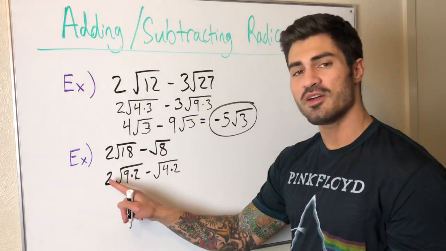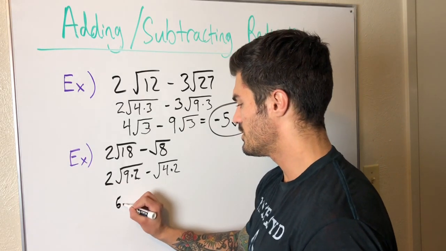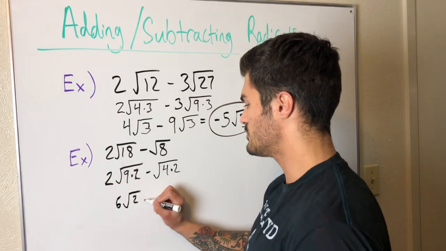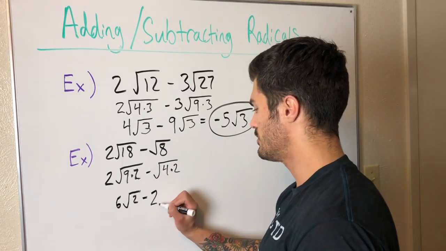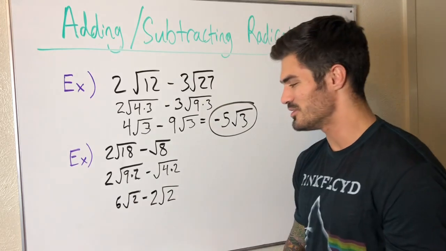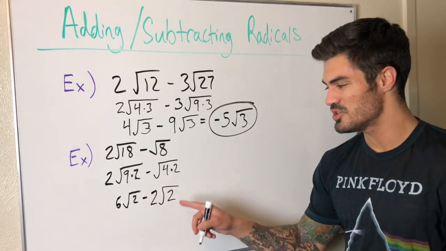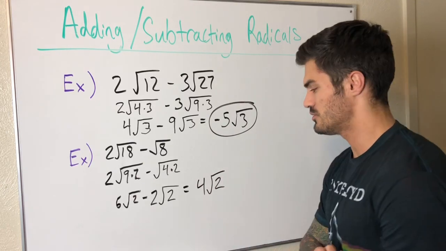So this 9 comes out as a 3, and it joins this 2. 3 times 2 is 6. So that's 6, and I'm left with the root 2 in there, minus. Same thing with this 4. It comes out as a 2, and what's left in the radical is root 2, right? So 6 root 2 minus 2 root 2, that gives us 4 root 2.